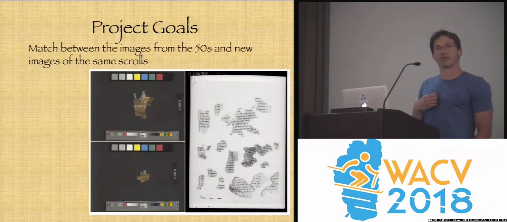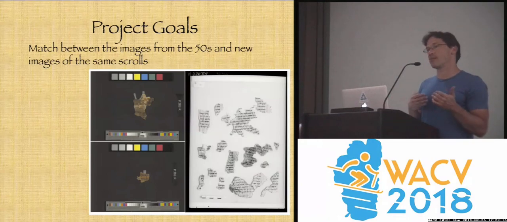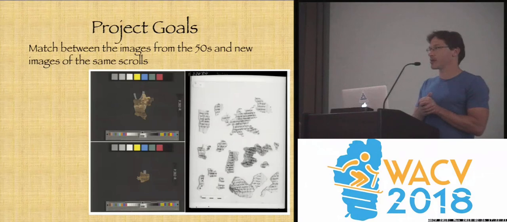It's about matching between images captured in the 50s, when the Dead Sea Scrolls were first found near the Dead Sea. These images had the scrolls in a better condition than what they were, of course, 50 years later on. But the imaging was much less detailed, earlier technologies, and so on.